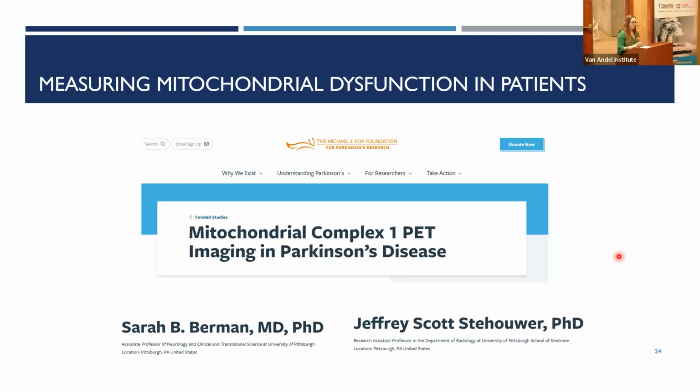And this is a special type of imaging in the brain of patients that we're able to look at specific proteins or markers if we put in a specific tracer. And I'll talk more about that in a little bit and just how this all works to make this make more sense. But there are ongoing studies looking to see if we can understand how the mitochondria and how damage to the mitochondria might be affecting disease.